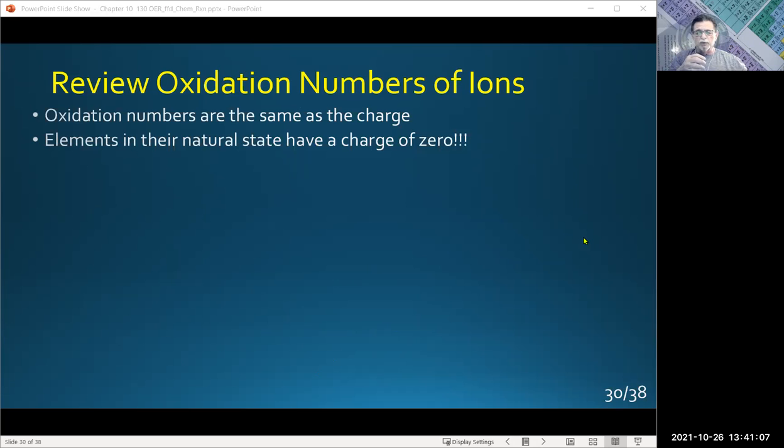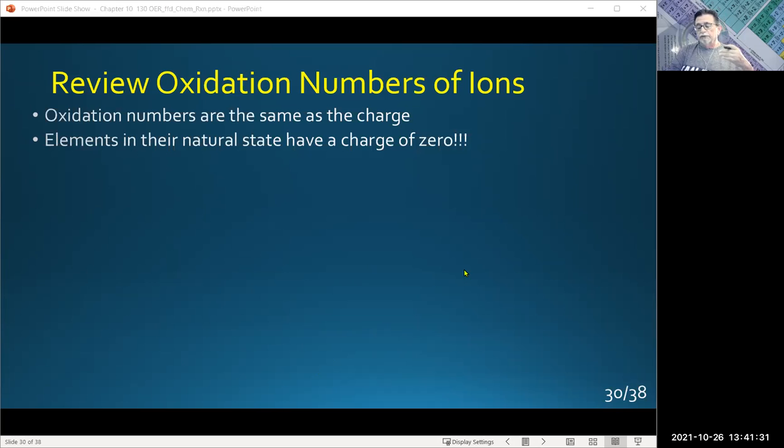For ionic compounds, there's no question, you get a full negative, full positive charge. Whereas covalent compounds have partial charges, partial positive, partial negative. So to encompass both, we use the term oxidation number.